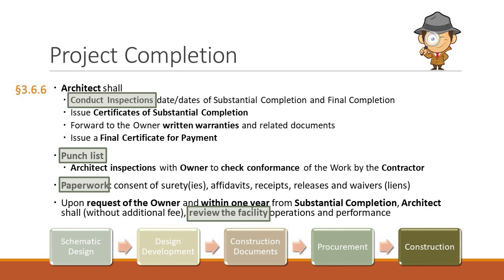You're going to gather that from the contractor and forward that to the owner so they have their warranties. And then you ultimately issue a final certificate of payment that says, yes, everything's done to the best of my knowledge. It complies with the contract documents, and you, Mrs. Owner or Ms. Owner, can pay out to the contractor because, to my understanding and belief, everything's complete. And that's after punch list and everything else is done. Okay?